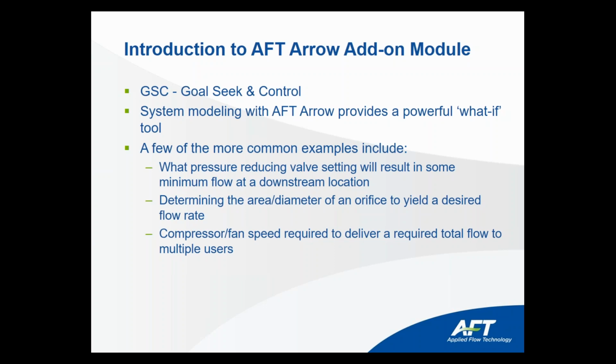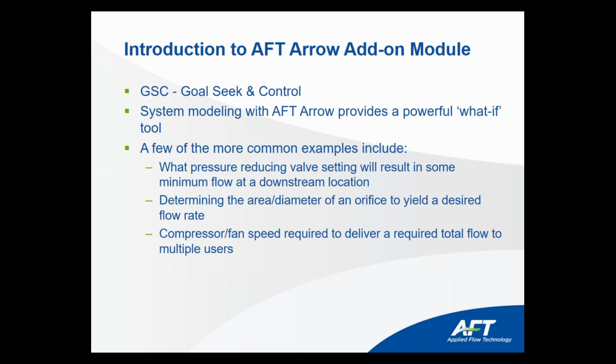Those of you familiar with Microsoft Excel's spreadsheet software, there's an add-in called the Solver add-in, and the Solver allows you to do some very simple goal seeking as well. Well, you take the power of the Excel Solver add-in and apply that to a compressible piping network, and you're starting to get into the realm of GSC. So very powerful modifier here for the base AFT Arrow 6 solver.